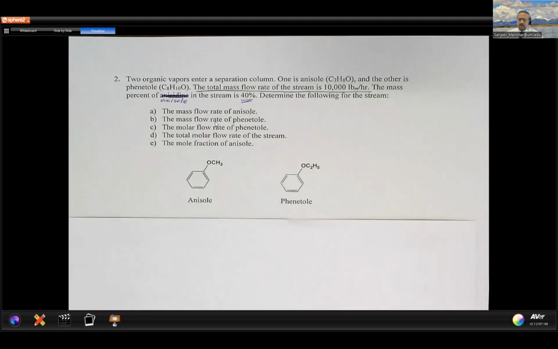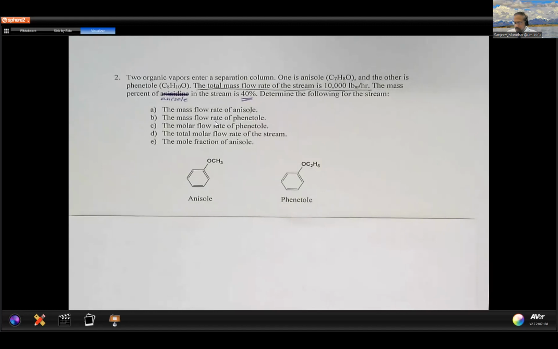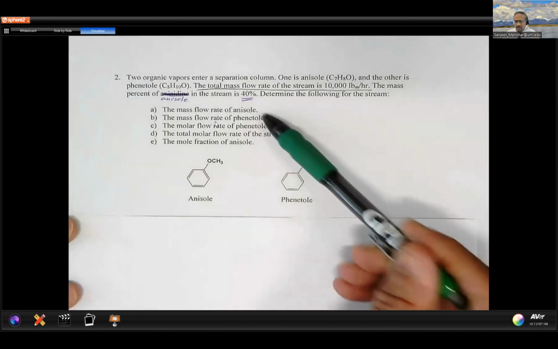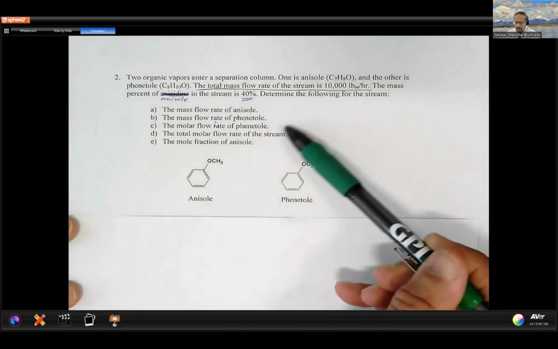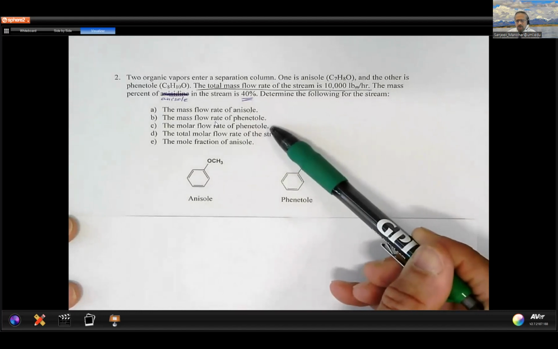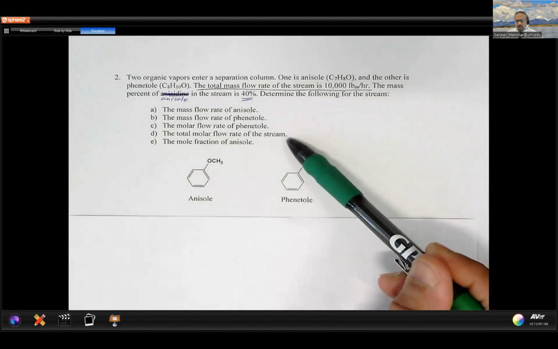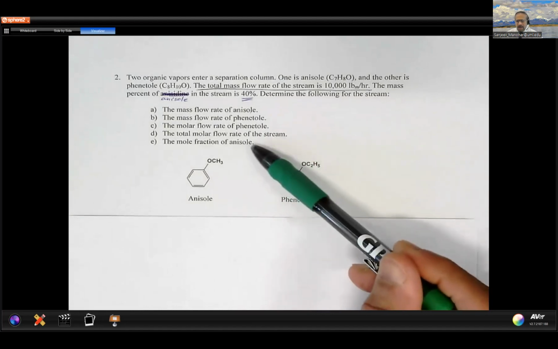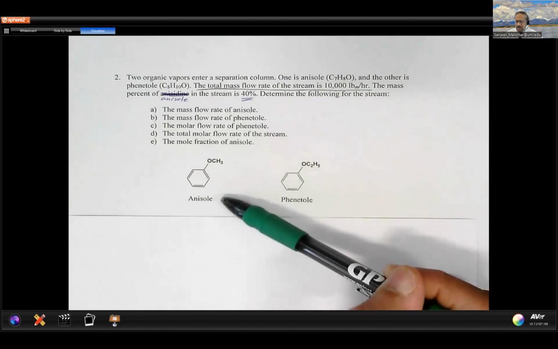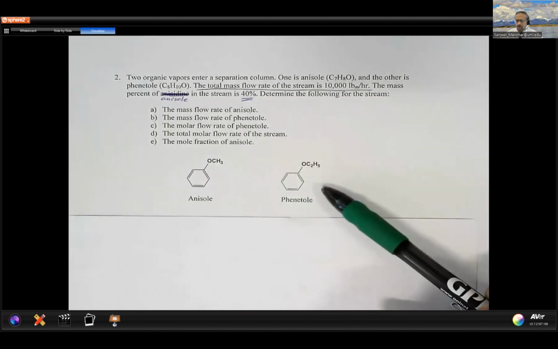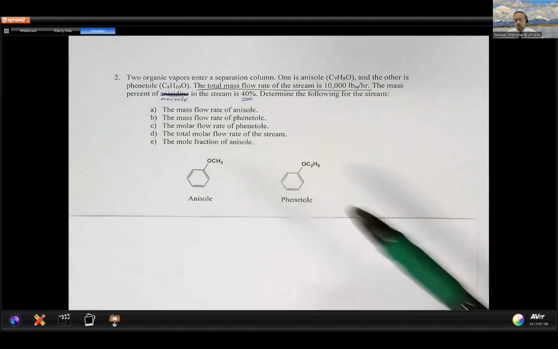The mass percent of anisole in the stream is 40%. Determine the following: mass flow rate of anisole, mass flow rate of phenol, molar flow rate of phenol, the total molar flow rate of the stream, and the mole fraction of anisole. Here is the formula for anisole. Here's the formula for phenol, and you will need this to calculate the molecular weight or formula weight.